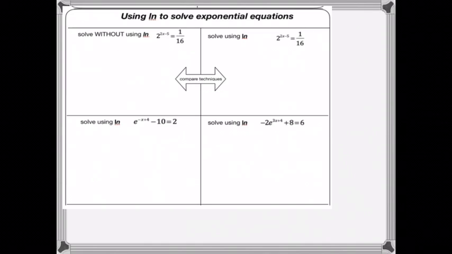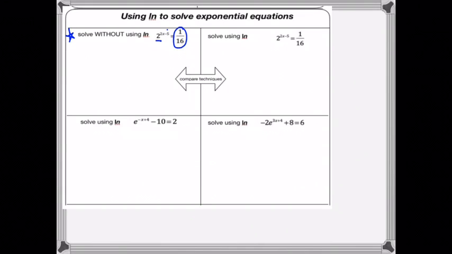So the way that we did it before is that we equated bases. That means our assumption is that, say if I take this example right here, if we could get the bases the same. So if I could rewrite 1/16 as some power of 2, then I could equate the bases and then equate the exponents.